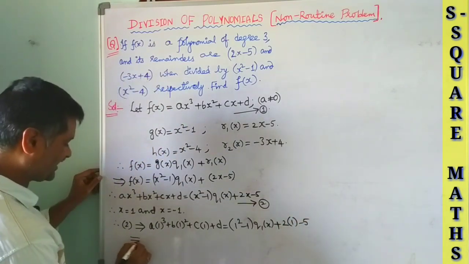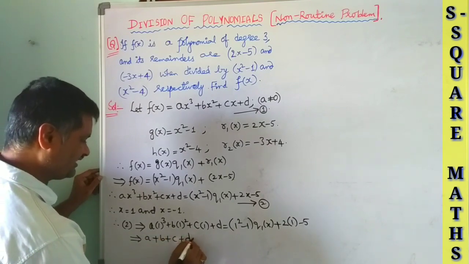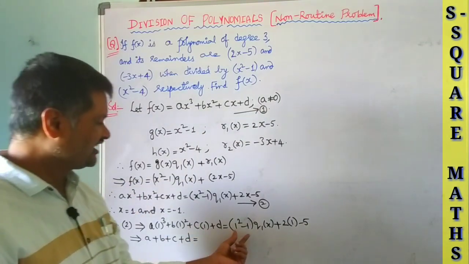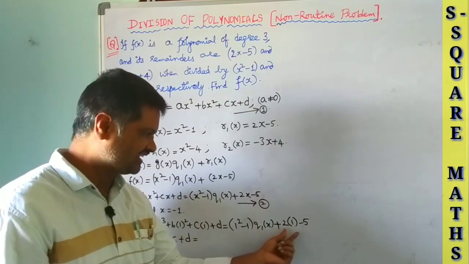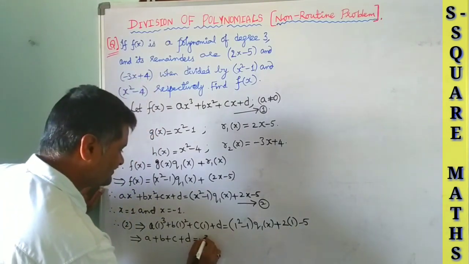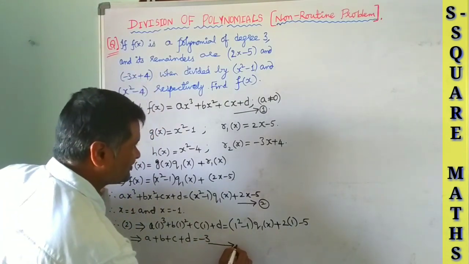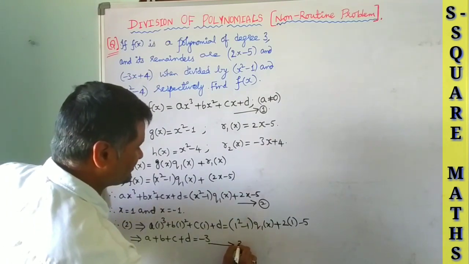Finally, a plus b plus c plus d is equal to 0 into q1 of x, which is 0, plus 2 minus 5, which gives minus 3. So this is our third equation.